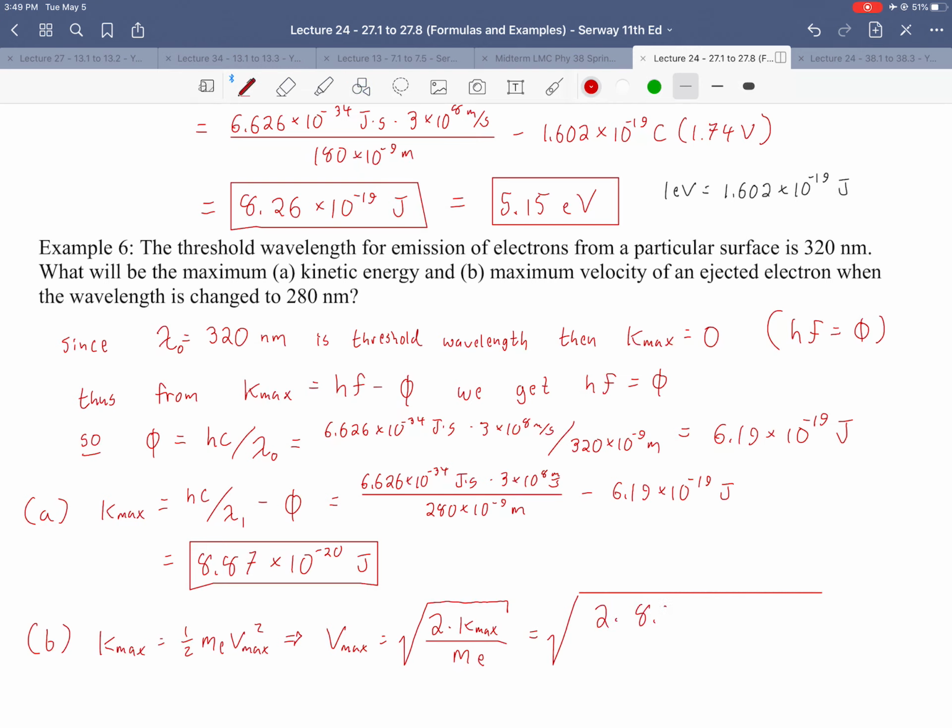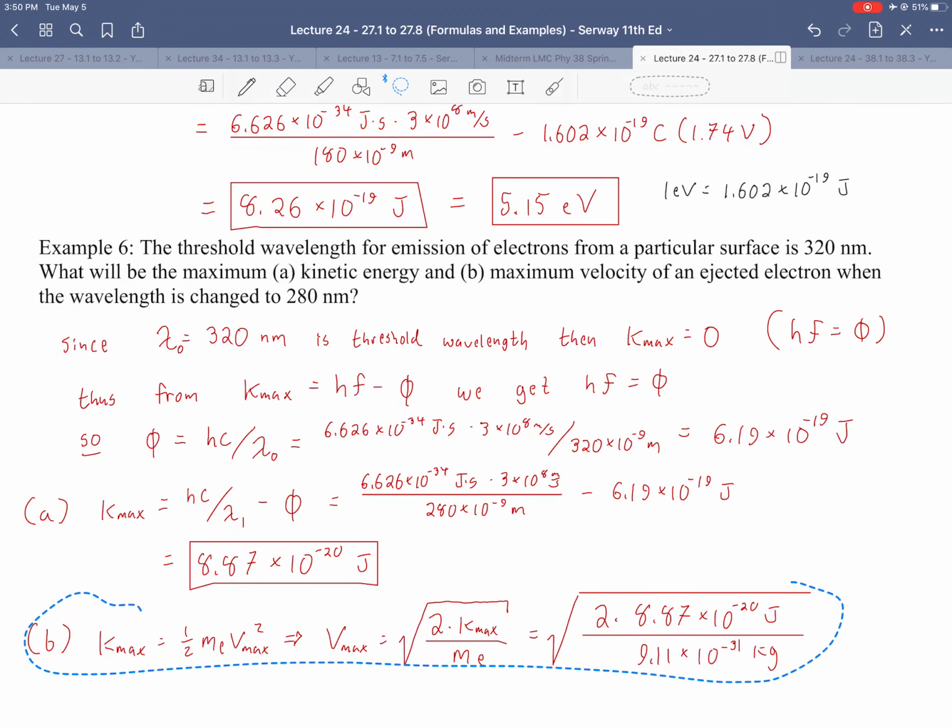So what does that look like? That will be 2 times 8.87 times 10 to the negative 20 joules. That's how much those most energetic electrons are getting in terms of their kinetic energy. And then divided by the mass, 9.11 times 10 to the negative 31 kilograms. That's the mass of the electron, a constant that you would have access to, such as in your formula sheet.